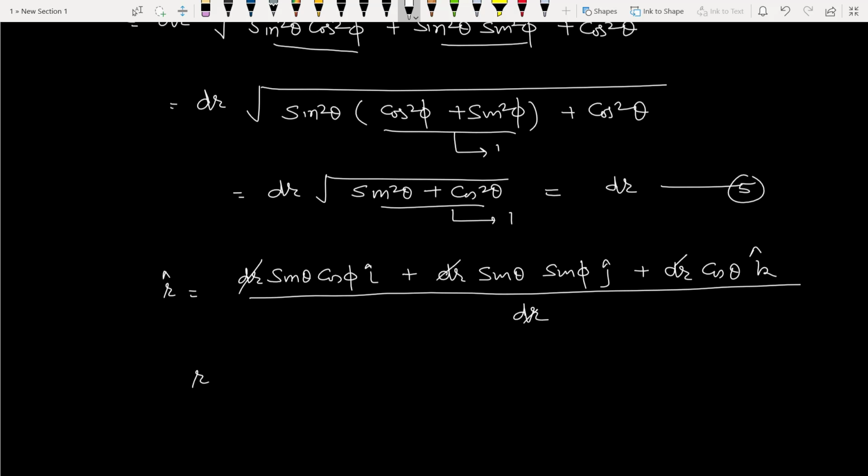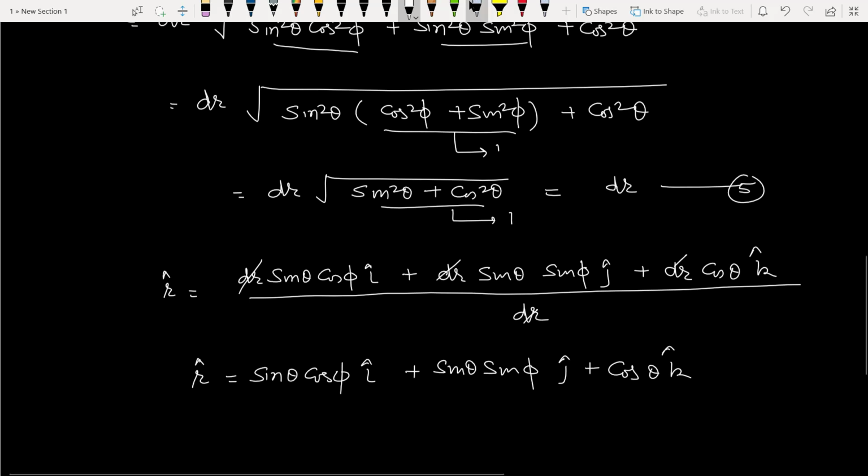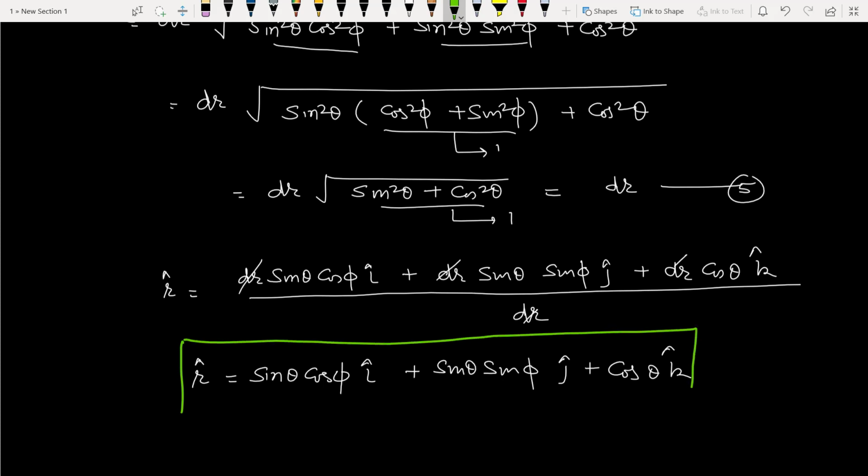So we are left with r cap as sin theta cos phi i cap, sin theta sin phi j cap, cos theta k cap. So this completes the calculation for the first spherical polar unit vector.